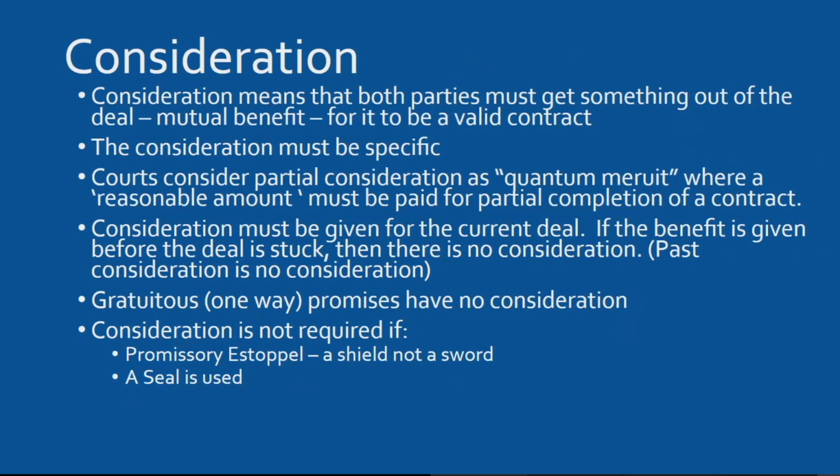And effectively, all contracts need consideration, except for ones that are under seal. So if we agree to something and we write a contract for it, there doesn't need to be consideration at all if there is a seal used. Again, very rare. It's one of those exceptionalities that doesn't occur very often.